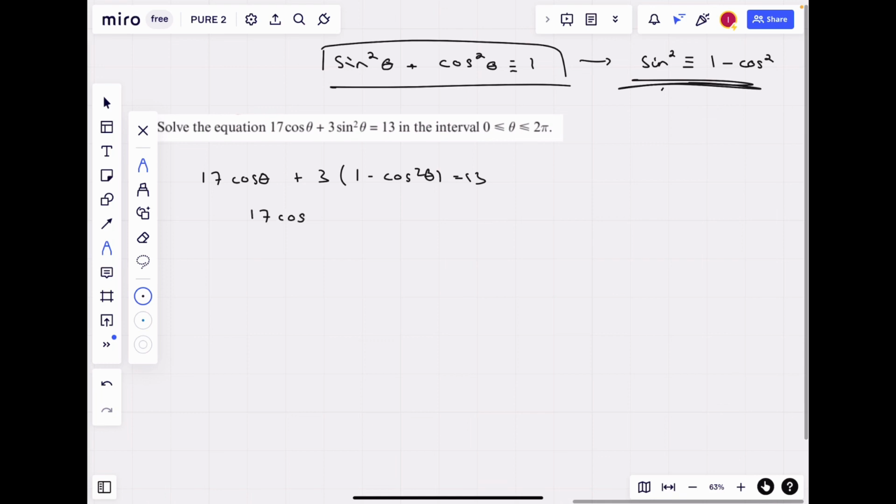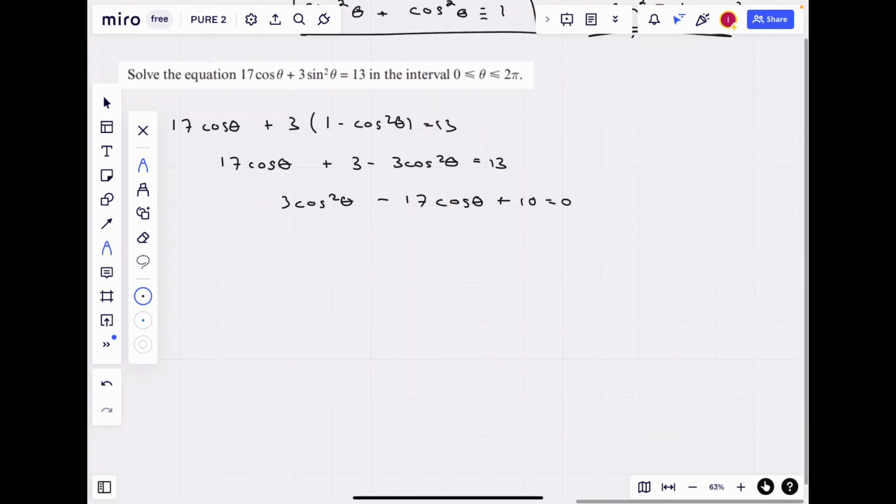And now we can expand and move everything to the other side, making the cos squared positive, so it's easier to work with. Like this.